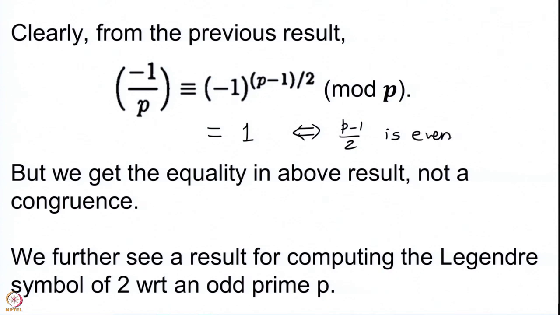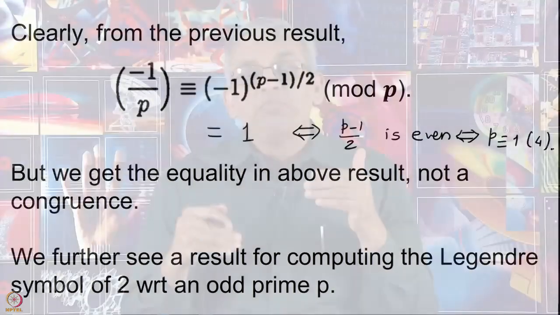So this is true if and only if p is congruent to 1 modulo 4. Among the odd primes, p is either congruent to 1 modulo 4 or to 3 modulo 4. So whenever p is congruent to 1 modulo 4, -1 is a quadratic residue, and whenever p is congruent to 3 modulo 4, -1 is a quadratic non-residue.